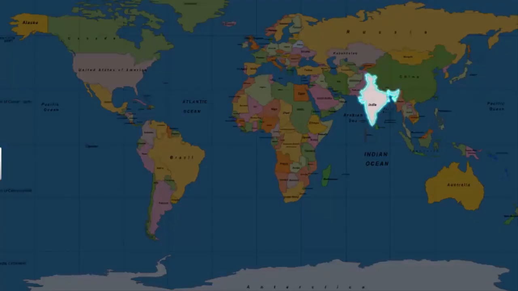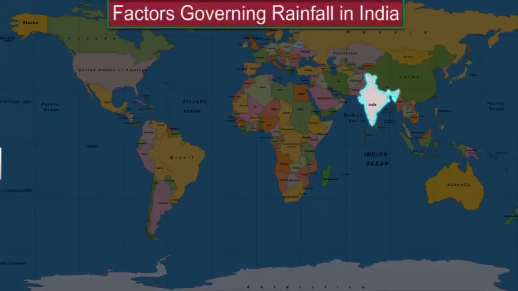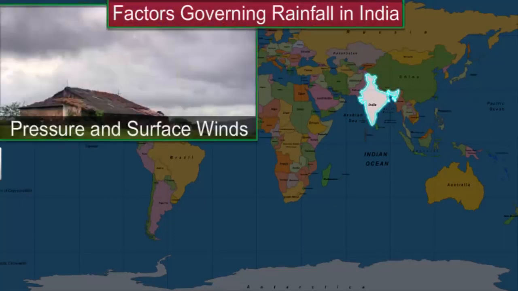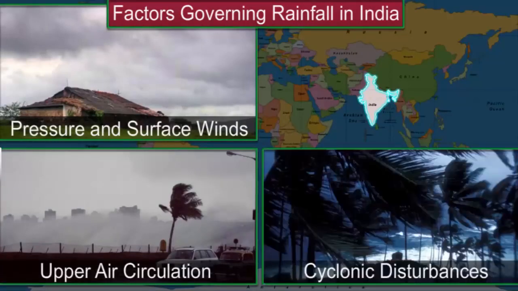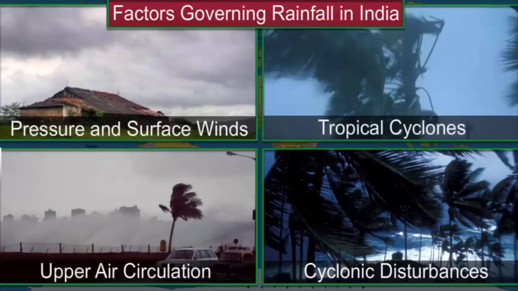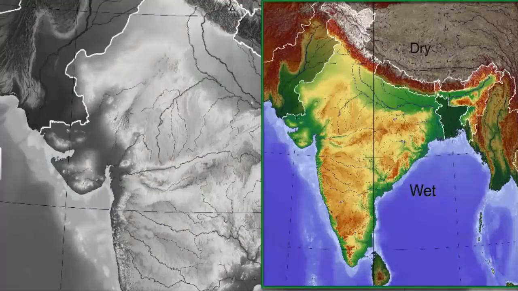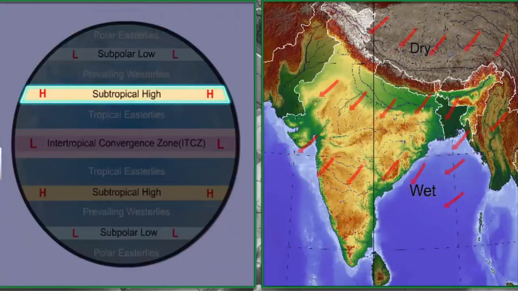The rainfall in India is governed mainly by pressure and surface winds, upper air circulation, and western cyclonic disturbances and tropical cyclones. India lies in the region of northeasterly winds. These originate from the subtropical high-pressure belt of the northern hemisphere and blow southwards.